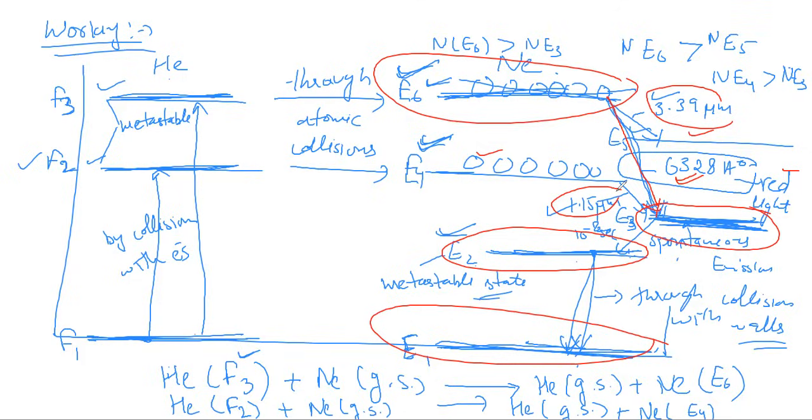So this is what would happen to the spontaneous emitted photons here also. They might be absorbed, but another possibility is that वो वापस रिफ्लेक्ट होके भी आ सकते हैं. और अगर वो वापस रिफ्लेक्ट होके आ गए तो यहाँ से यहाँ जाने के लिए जितनी एनर्जी चाहिए उतनी एनर्जी आपको वापस यहाँ से यहाँ जाने के लिए चाहिए है. और वो आप एकदम नहीं चाहेंगे कि वैसा हो, क्योंकि E3 में आप ज्यादा नंबर ऑफ एटम्स नहीं चाहेंगे, क्योंकि आपको E6 में ज्यादा चाहिए है एज कंपेयर टू E3.